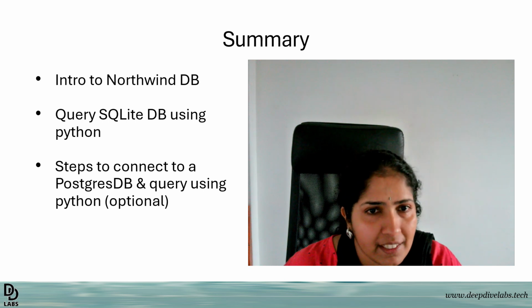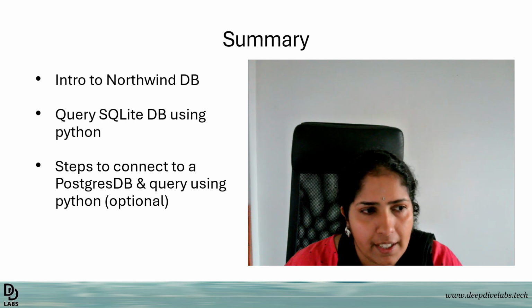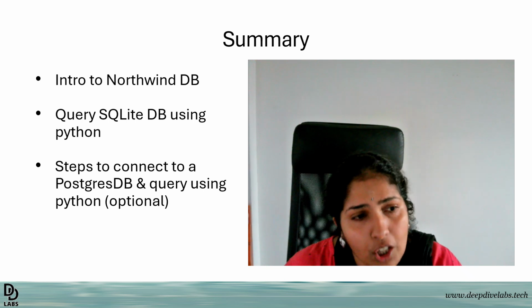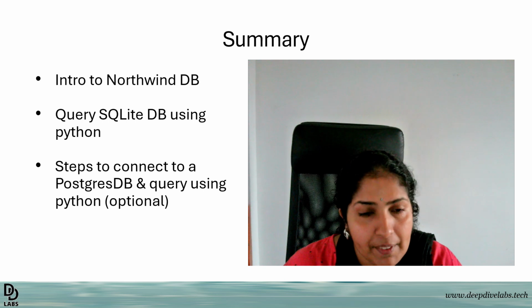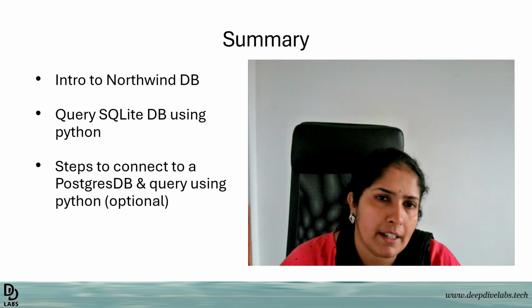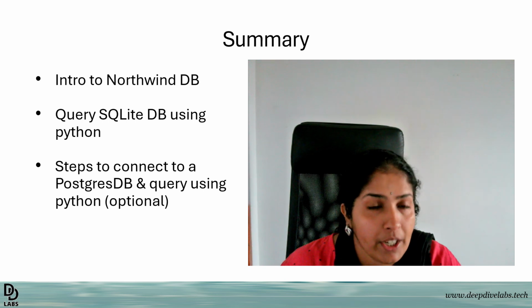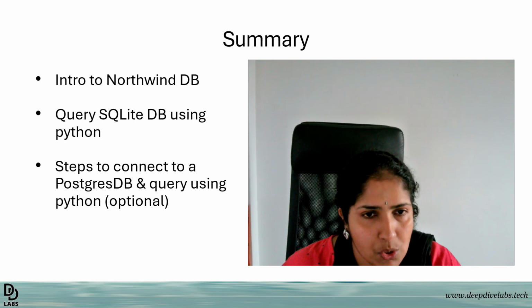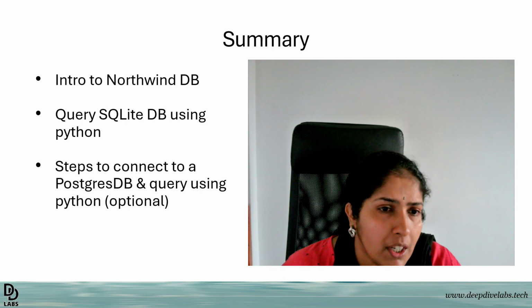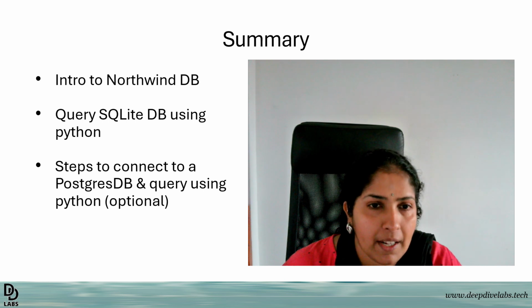That is the mandatory part of your assignment. I have also given you steps to install your Postgres database, connect to it and query. This is an optional step for you at this point, but it's always good to know how database installations work. If you have the resources in your computer, please do install Postgres as well.